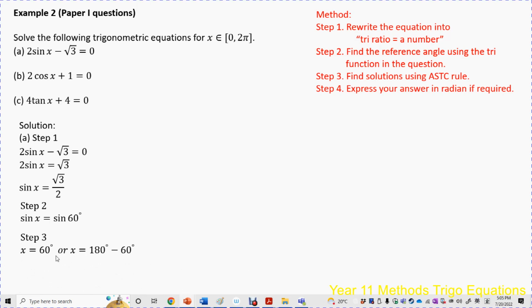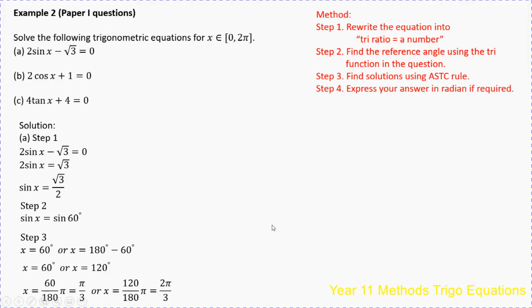For the first quadrant, it's just 60 degrees, but for the second quadrant, it becomes 180 minus 60 degrees. And that's step 4. You need to convert them into radians. So that would be pi over 3 and 2 pi over 3. I repeat, one answer is pi over 3, the other is 2 pi over 3.